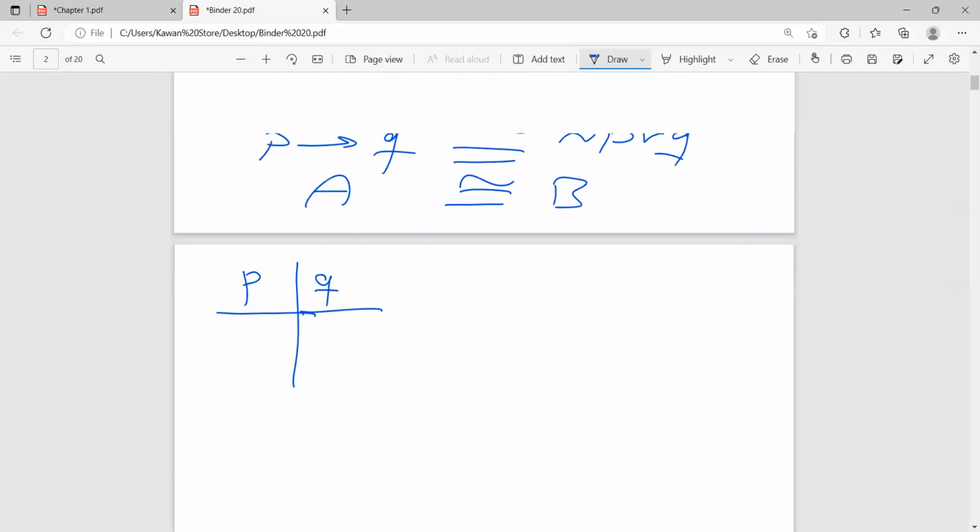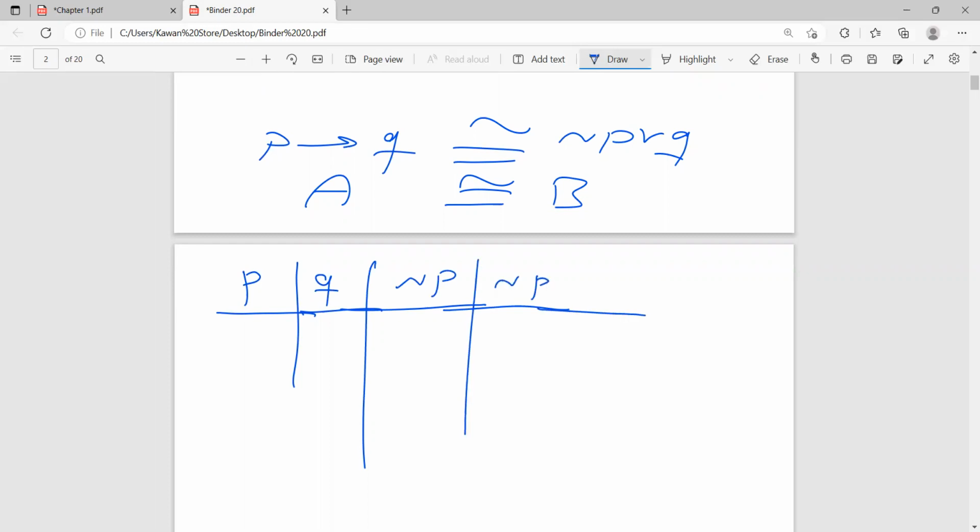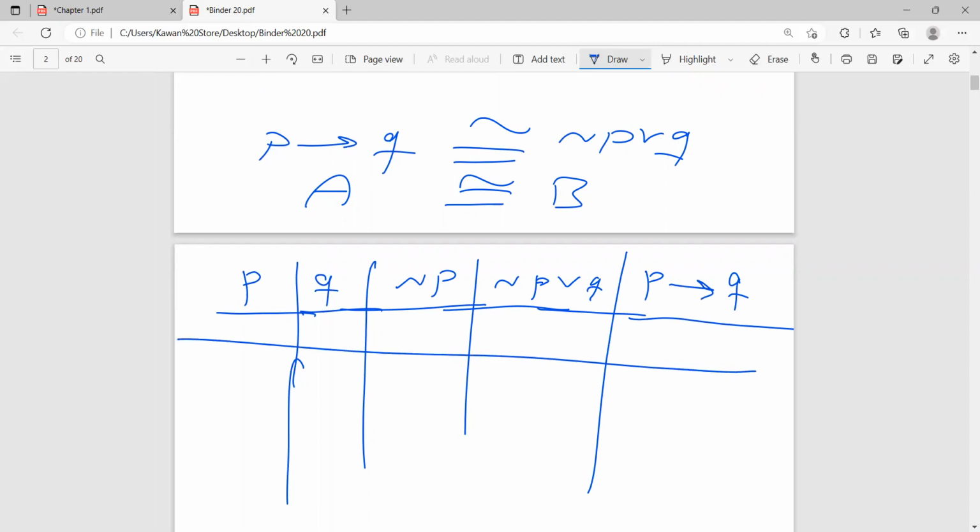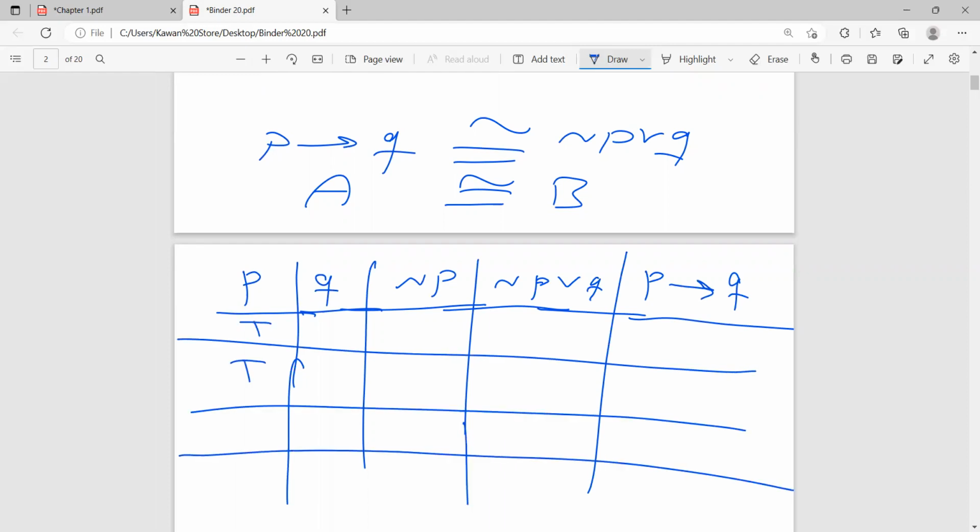So I have P, Q, then negation P, then negation P or Q. True, true, false, false. As you know, true, false, true, false.